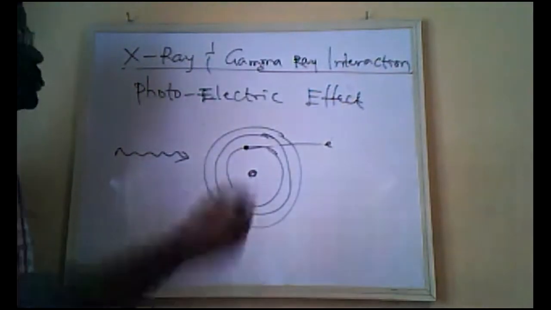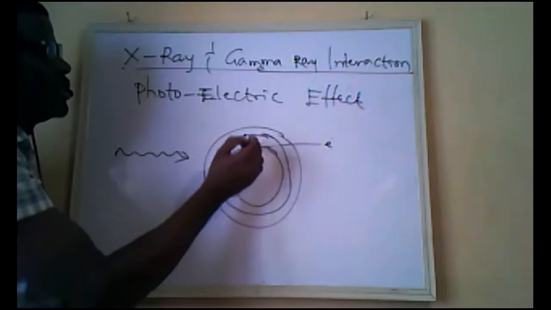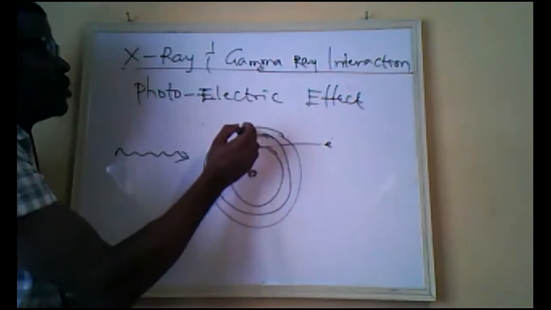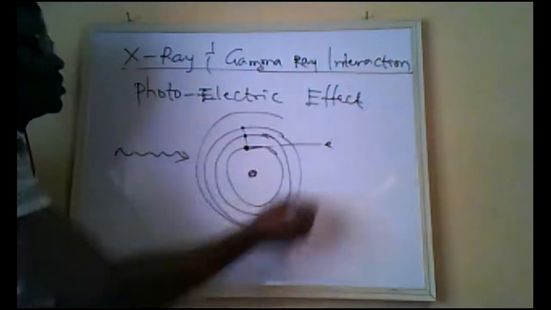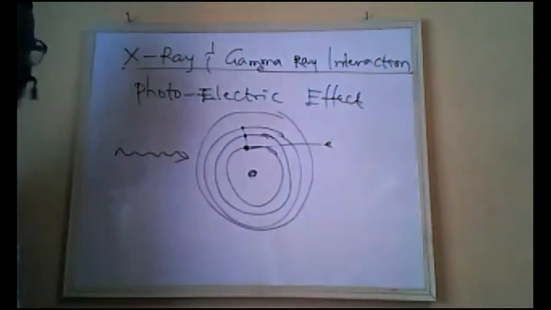When this one happens, we have an electron moving from here down here. When this one moves away, another one will move from here to here. If you have another shell, it will continue, and this is simply how the atom becomes stable.